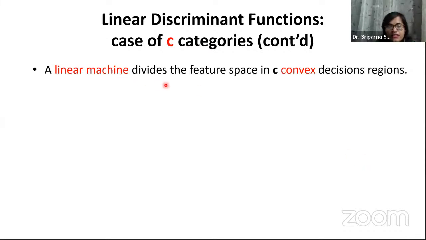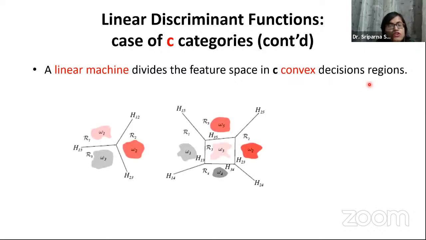A linear machine divides the feature space into C convex decision regions. So these are the convex decision regions that you can divide here. If you make the decision boundaries in this fashion, you can check that no ambiguous regions are there. Here for the 3 class data there was no ambiguity in the region decision, and for these 5 class data also there is no ambiguity in designing the decision boundary.